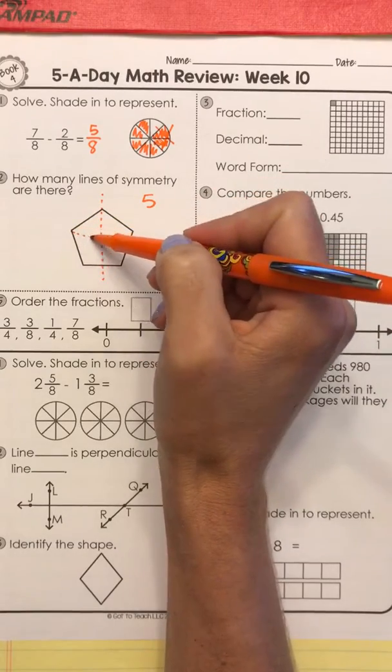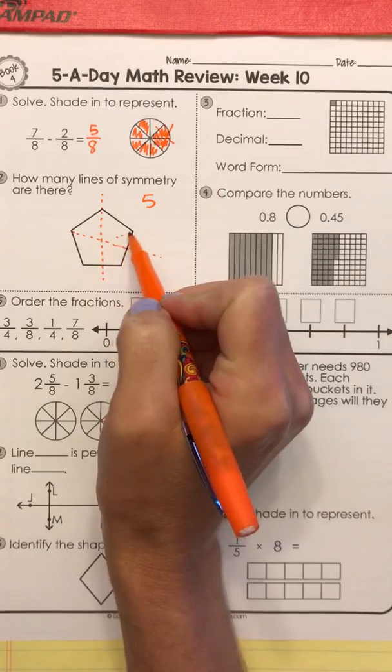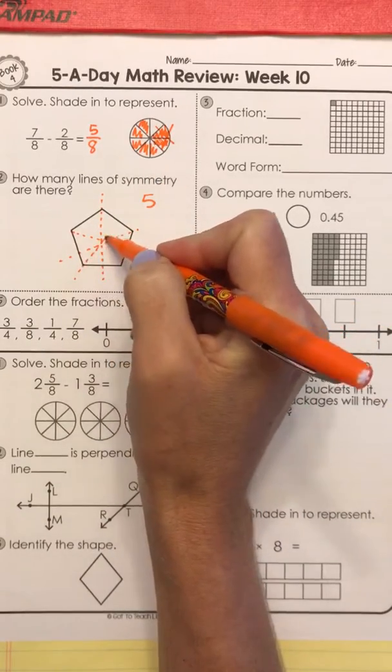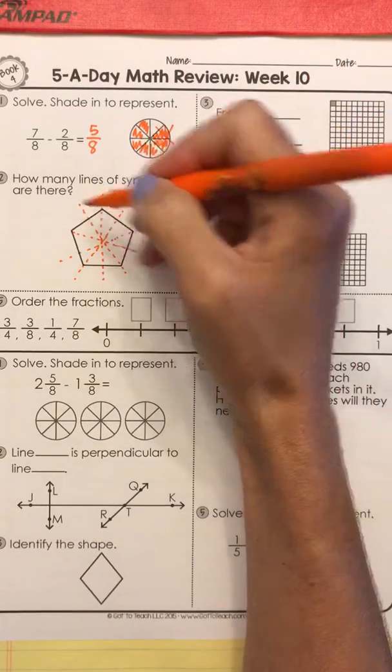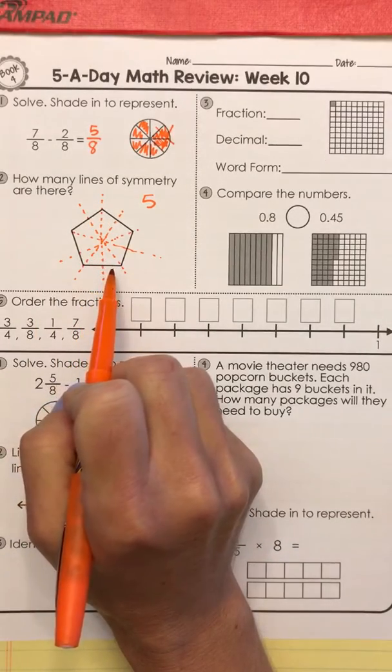So there's a line going this way, and there's a line of symmetry going here. And we go through this point, there's another line of symmetry, and there's a line of symmetry here, okay? So 5 lines of symmetry on this figure. Bonus points if you knew what this is.